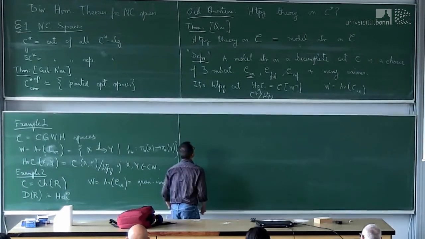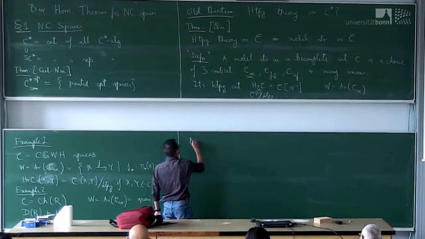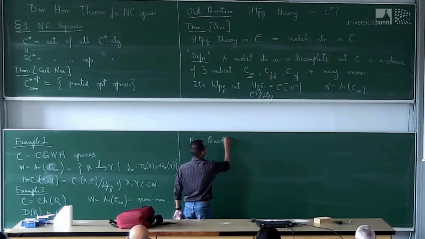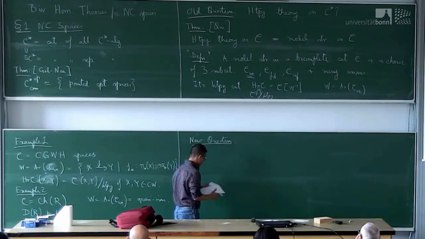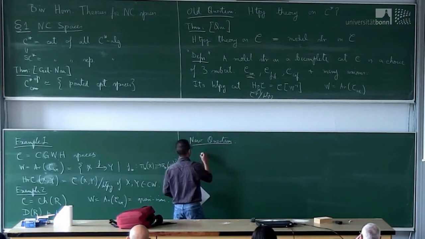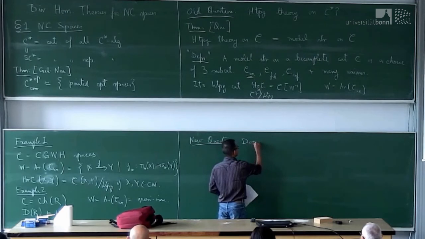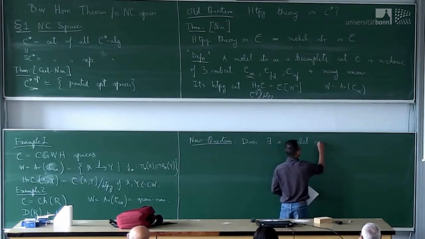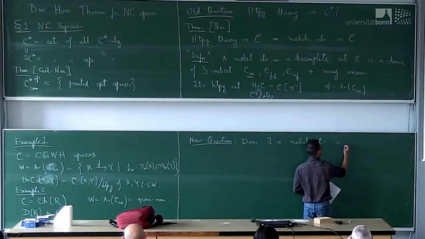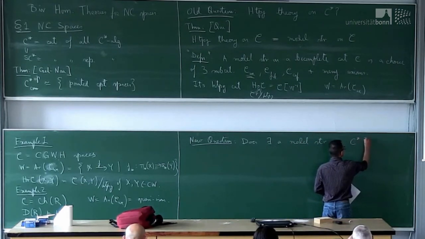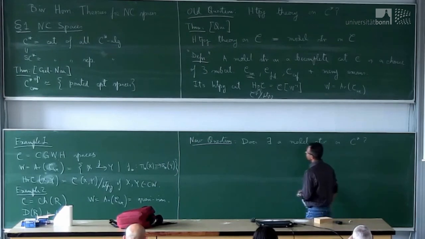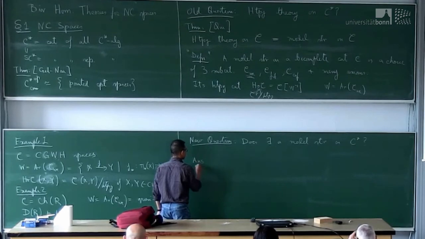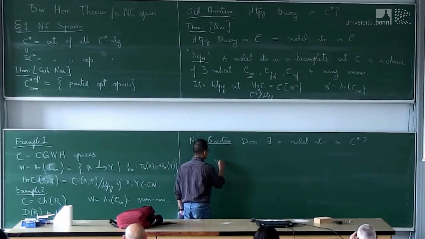So based on all these things, the new question that you should ask is, does there exist a model structure on C star? If you ask in this generality, then a trivial answer is yes.